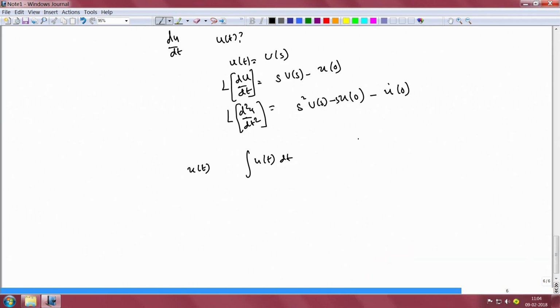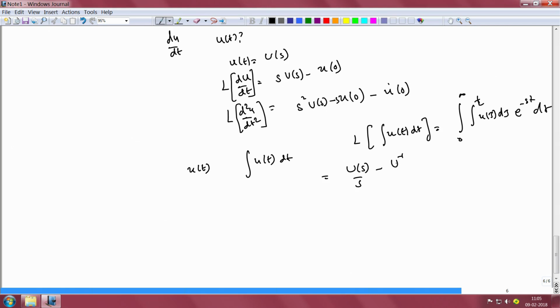So we do this by computing the Laplace transform of integral u of t dt as integral 0 to infinity integral u of tau d tau, the upper limit of this integration being t, e power minus st dt, and you can show by integration by parts that this is going to be equal to u of s by s minus u inverse of 0 by s, where u inverse of 0 represents the antiderivative of u at time t equals 0, or in other words it is integral up to time t equal to 0 u of tau d tau. This is equal to u inverse of 0.